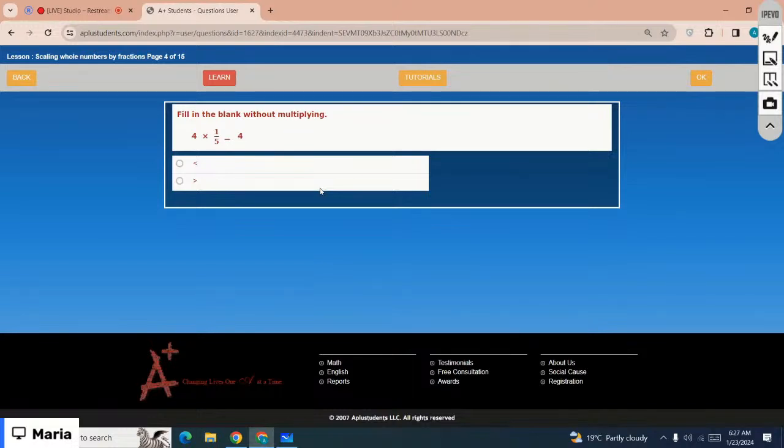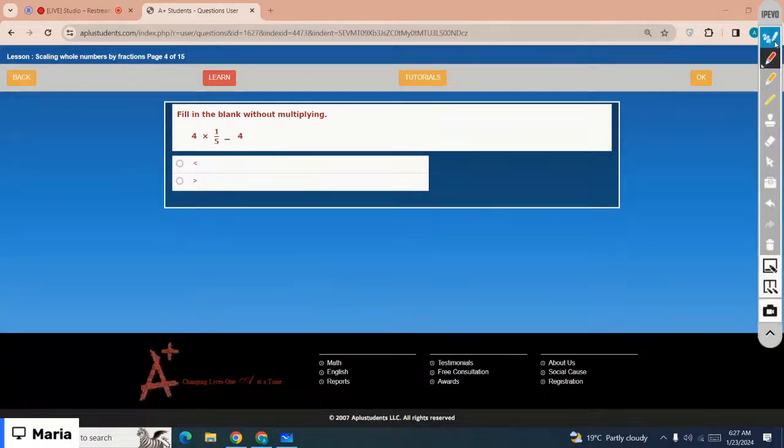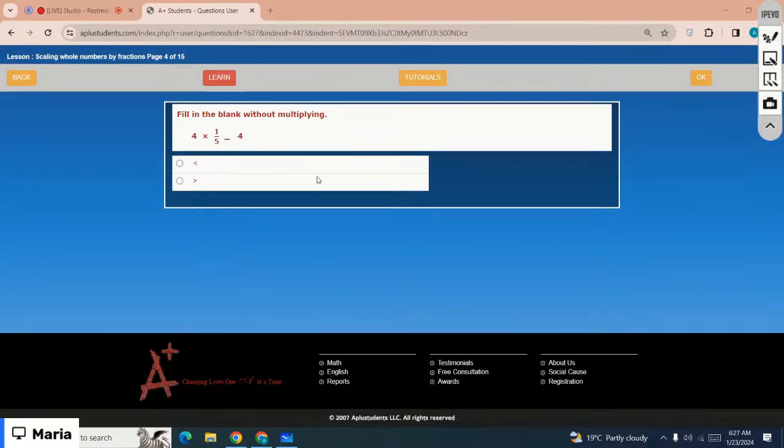This 1/5 fraction is less than 1, right? So 4 times 1/5 is also smaller than 4. The correct option is 4 times 1/5 is less than 4. The correct option is less.